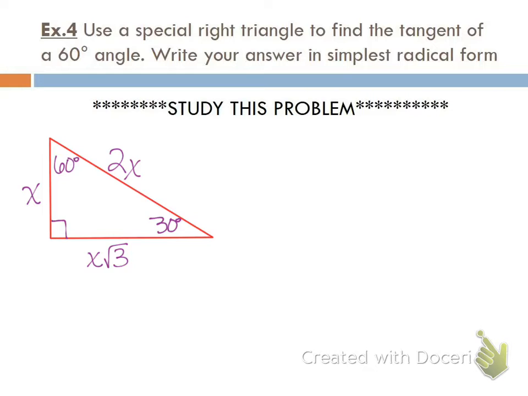Where did you get the 3 from? From our special right triangle formulas that we were supposed to memorize. The long leg is equal to the short leg times the square root of 3. That was in our 7.4 notes. Other questions, concerns at this moment?